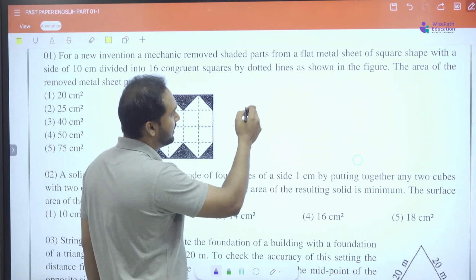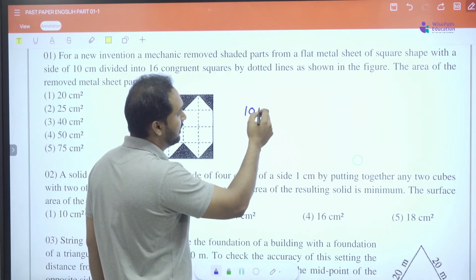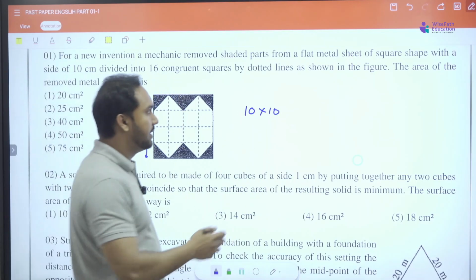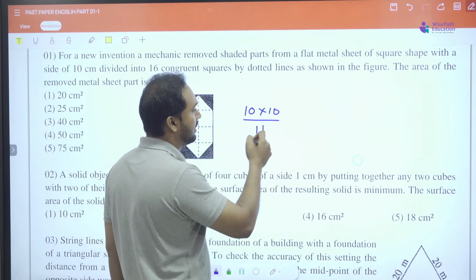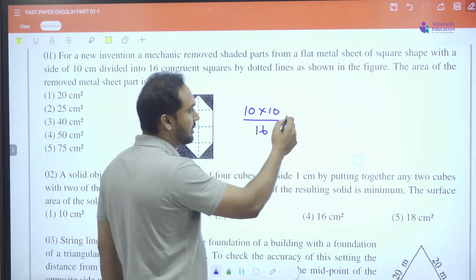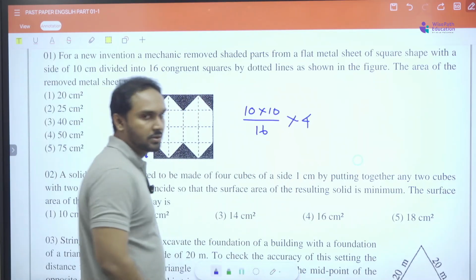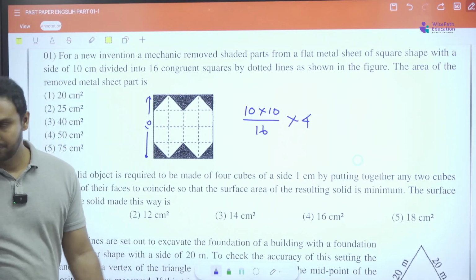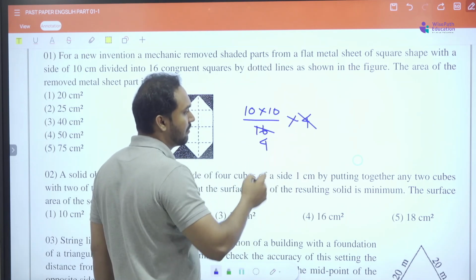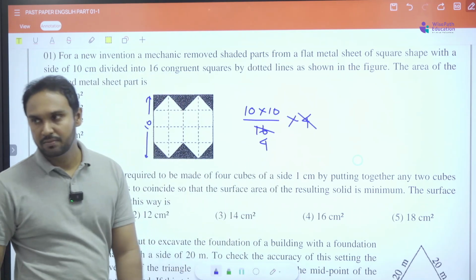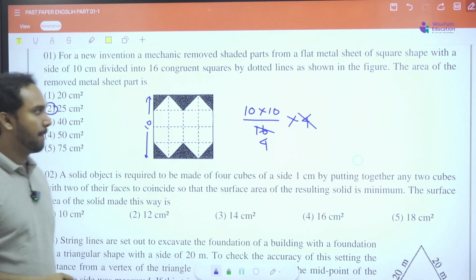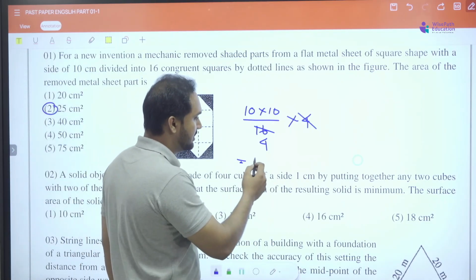You take the complete area 10 into 10, that is 100, and divide it by 16, and you get the area of one square, and you multiply it by the number of squares that are shaded. So what is the answer? 25, isn't it? That was easy, right? Answer is 25.